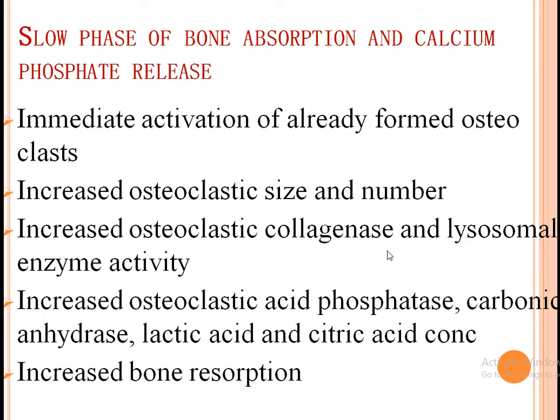Now coming to the slow phase of bone absorption and calcium phosphate release. For the slow phase, there is activation of the already formed osteoclasts. I will explain all these things through one more very nice picture, through which you will clearly understand.